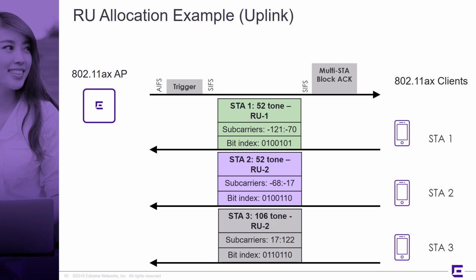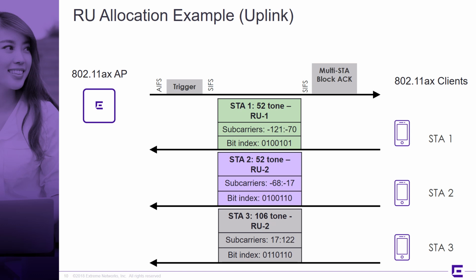Then, once they've been assigned, the stations will transmit uplink. As you can see, station number 1 has a 52 tone, station 2 a 52 tone, and station 3 a 106 tone. And which subcarriers or tones they're using is also assigned.